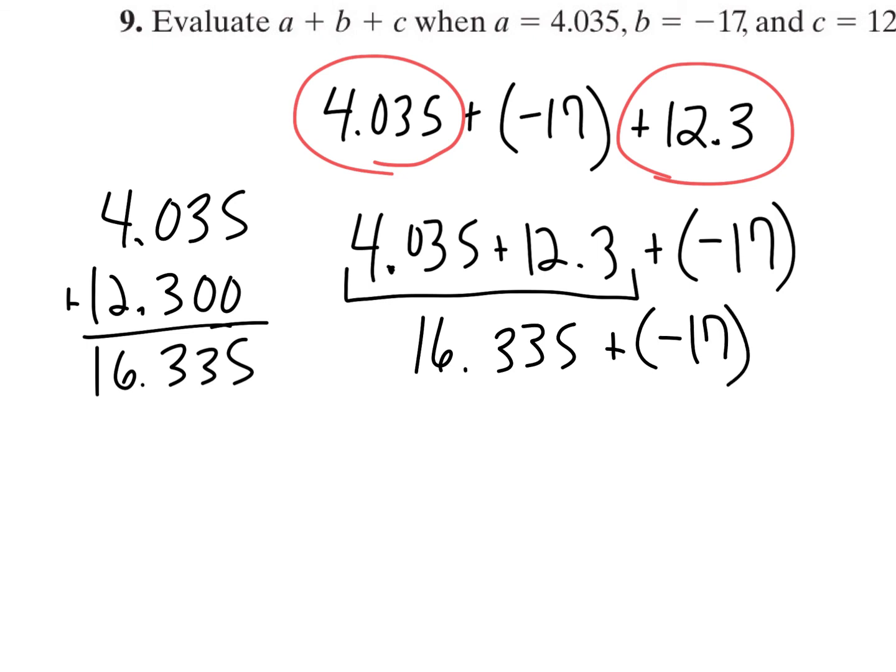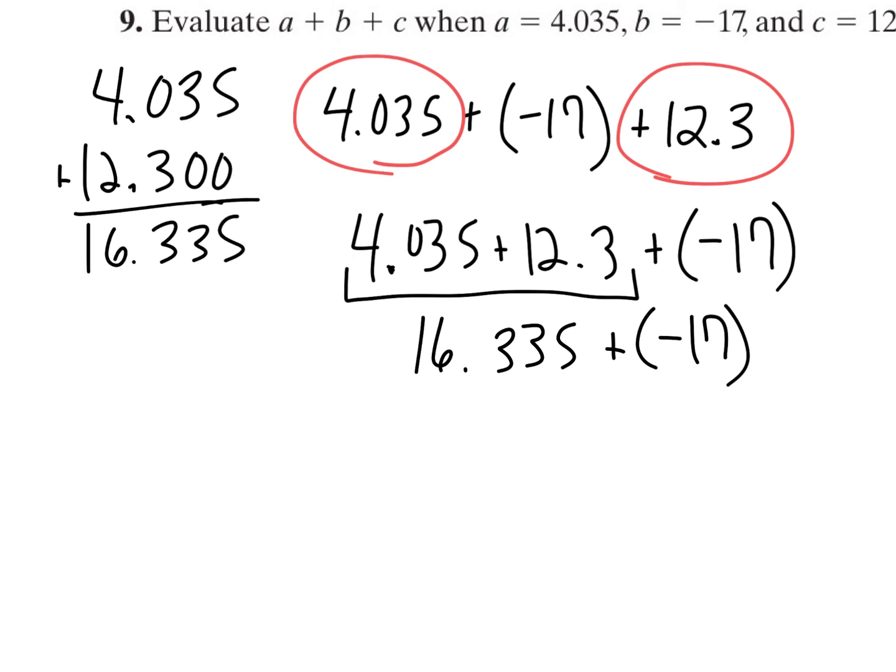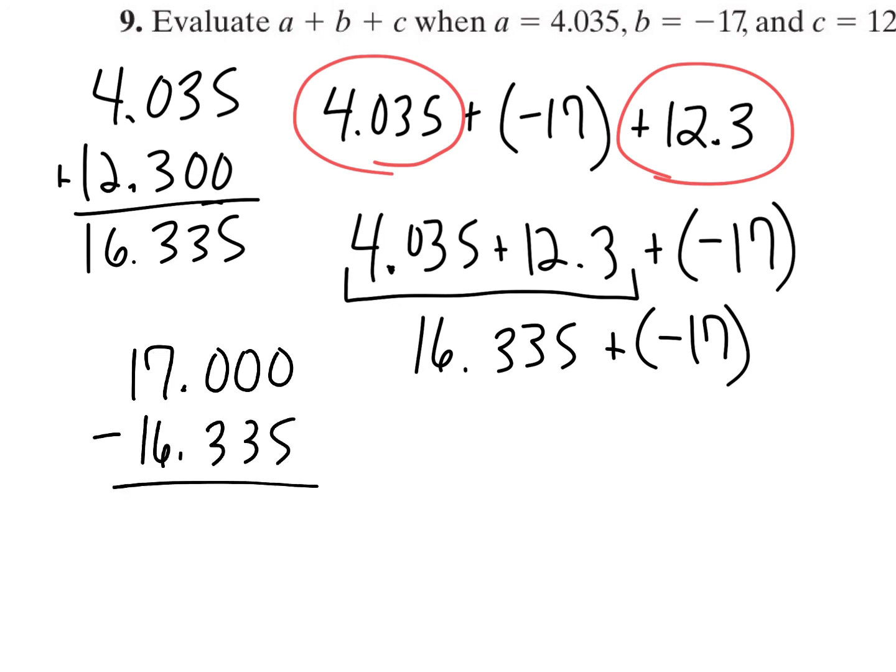Okay, and now we can see we have some positives, we have some negatives. So they're different signs, we're going to subtract them. And 17 is more than 16 point anything. So that's what needs to be on top here when we subtract.